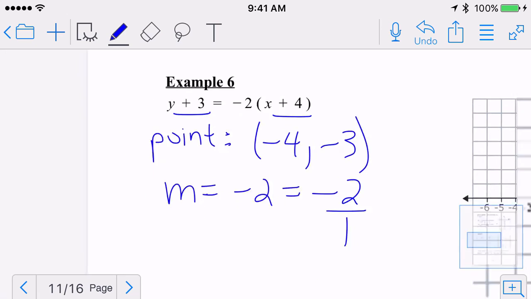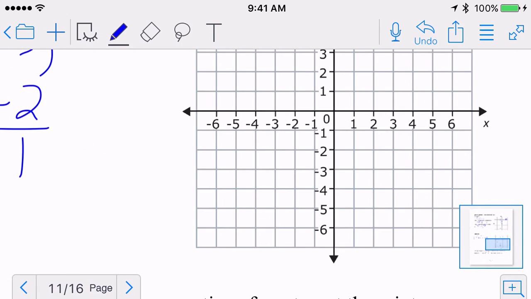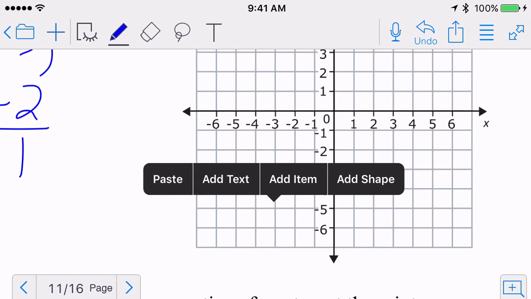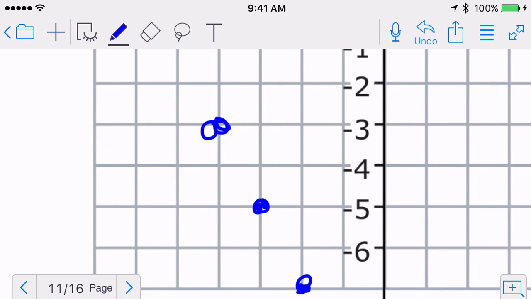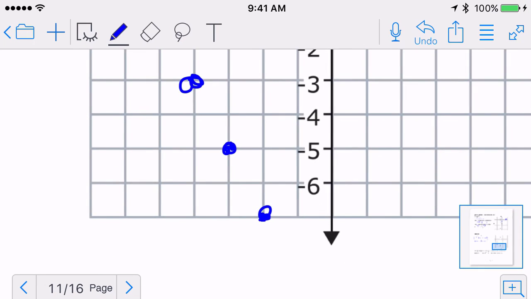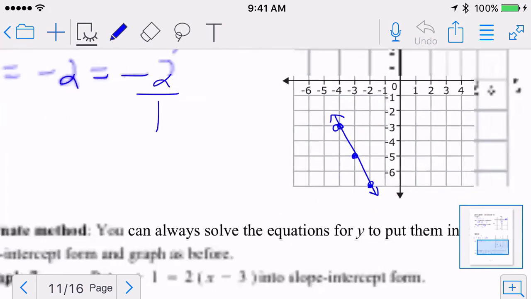So we need to first plot that point, negative 4, negative 3. So that would be down here. And then our slope would be down 2 over 1. And then again, we just got to connect these points.